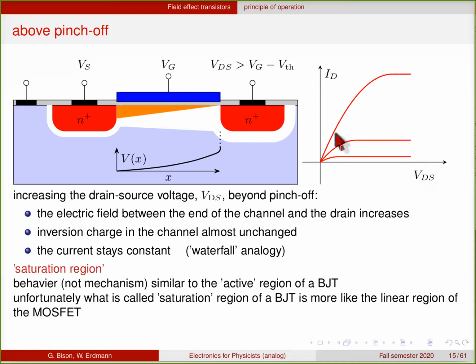The physical mechanism is, of course, very different. Here you have majority charges that are pulled over by the electric field, while in the bipolar transistor you have the diffusion of minority charges. Unfortunately, the bipolar transistor also has a saturation region, which is something very different, more like the linear region of the MOSFET here. So you just have to get used to that, I'm afraid.